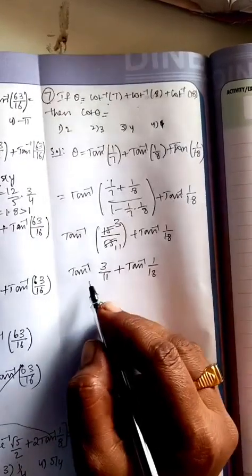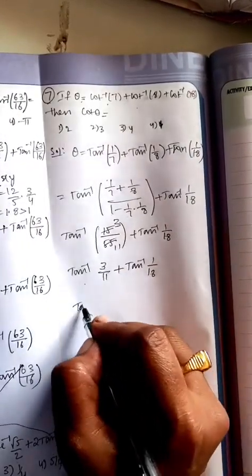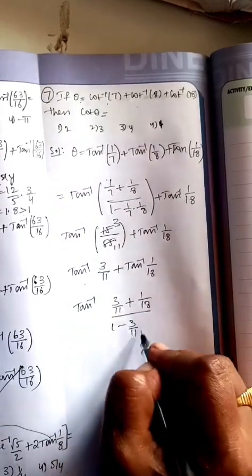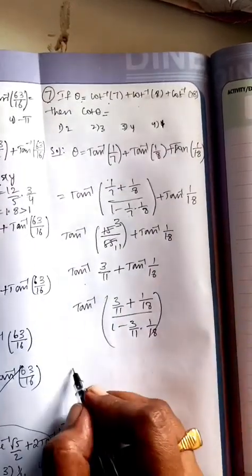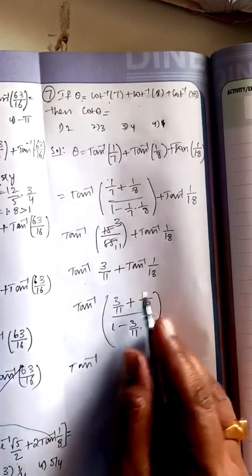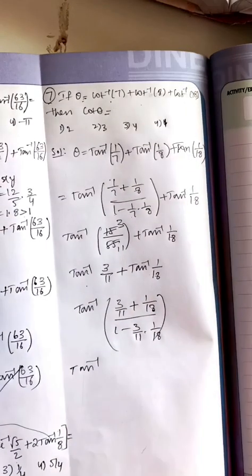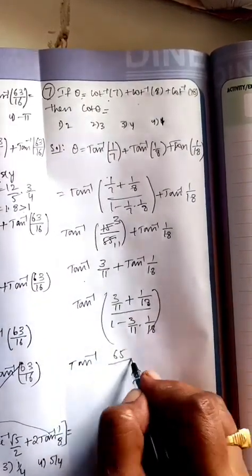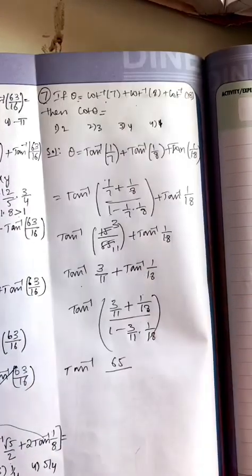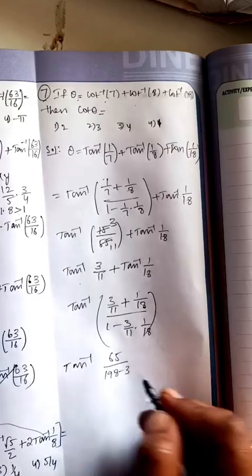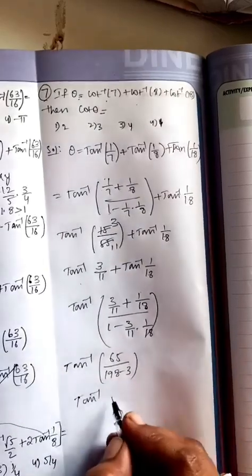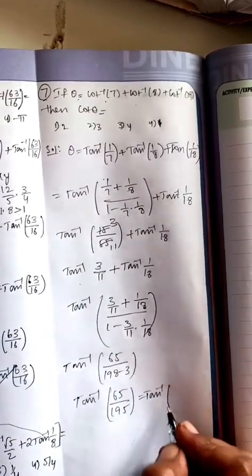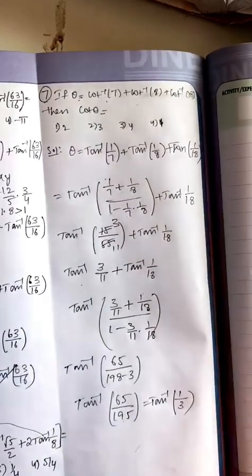Again use the formula tan inverse x plus tan inverse y, tan inverse of x plus y by 1 minus xy. So tan inverse 18 plus 18 into 3 is 54, 54 plus 11 is 65, by 11 into 18 is 198 minus 3, so tan inverse 65 by 195, 65 threes, so tan inverse 1 by 3.